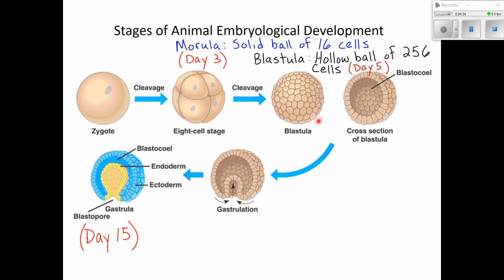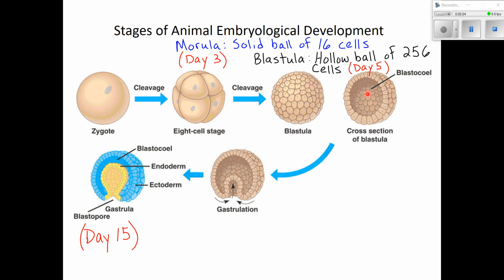And at this point, in the middle of this ball of cells, it's no longer a solid mass. You can see that there's a hollowing out that begins to take place. You have this fluid-filled cavity in the middle of this ball of cells. Now the hollow ball of cells is referred to as the blastula, and the space in the middle is called the blastocoel.